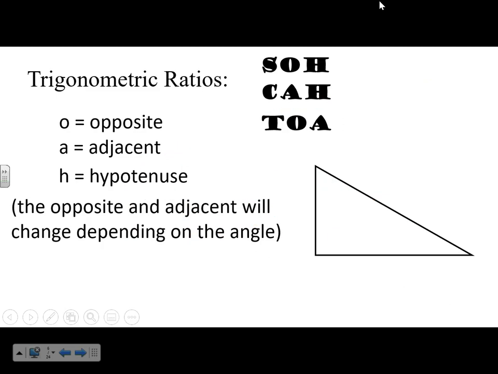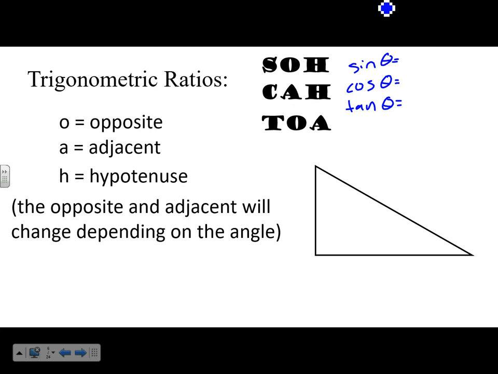So trigonometric ratios. You don't have to write all this down, but the big thing that you'll learn is the trigonometry that we're going to do is sine, cosine, tangent. And it's the sine, cosine, and tangent of the angle. So the angle we represent by this Greek letter called theta.